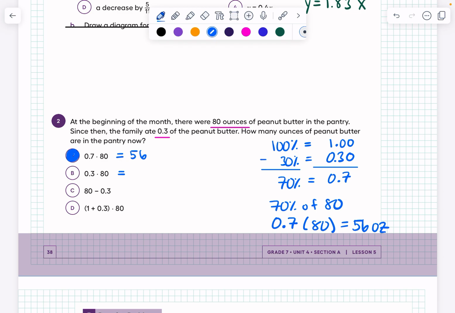If you do 0.3 times 80, you'd get 24. If you have 80 minus 0.3, you'd have 79.7. And if you have 1 plus 0.3, you'd have 1.3 times 80. You'd have 104. So the only answer was A.